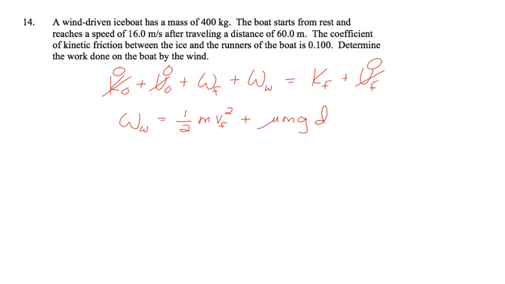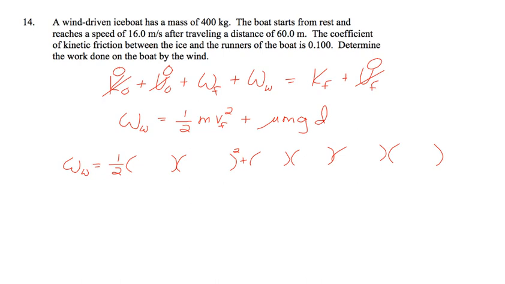And I should know everything there in order to solve for the work done by the wind. So the work done by the wind is going to be 1/2 m vf squared plus mu m g d. I put parentheses for everything that I have to replace.